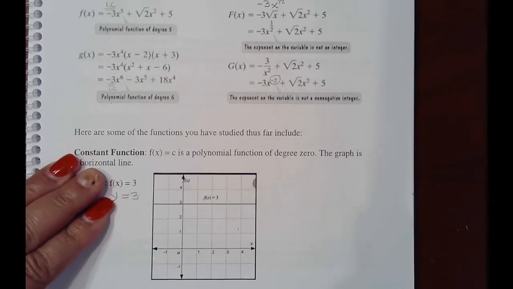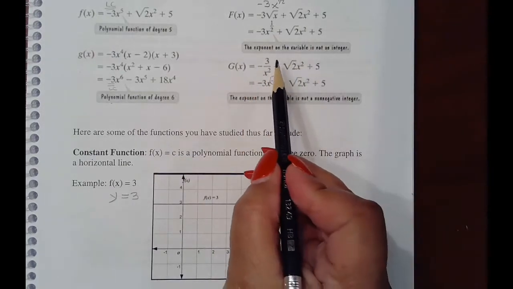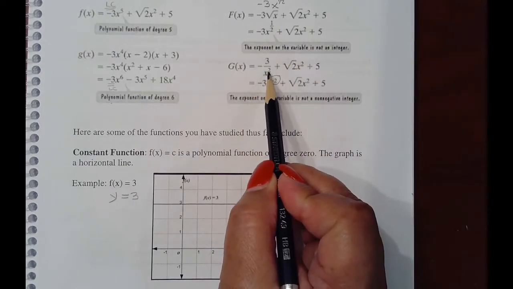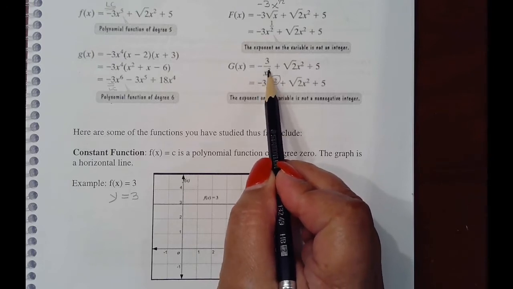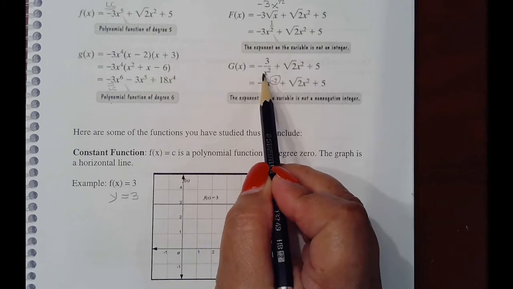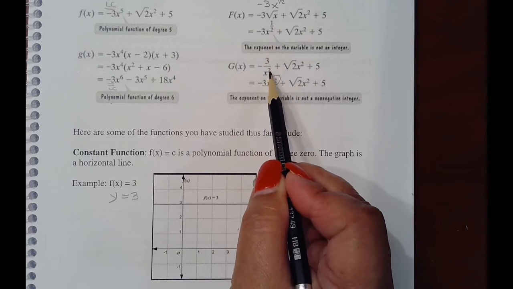Okay, this is also an example of something that's not a polynomial function, because the first term is -3 over x squared, and if you recall, any variable to a power, whether it's attached to a variable or not, is really a negative power when it's in the denominator.